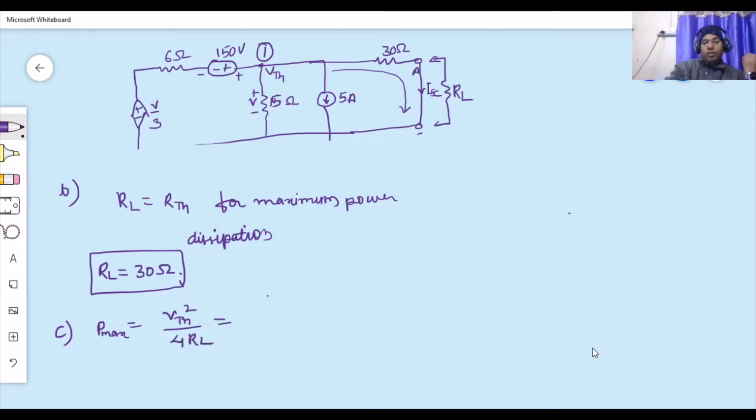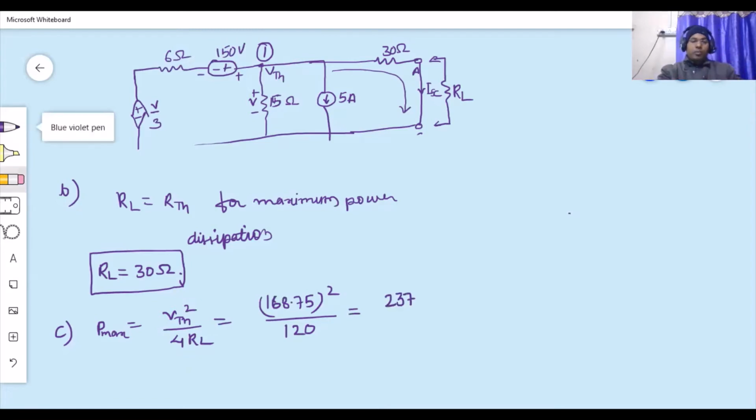So VTH was 168.75, squared, upon 120. So by this, we can calculate as 237.304 watt. So the maximum power dissipated, Pmax, is 237.304 watt.